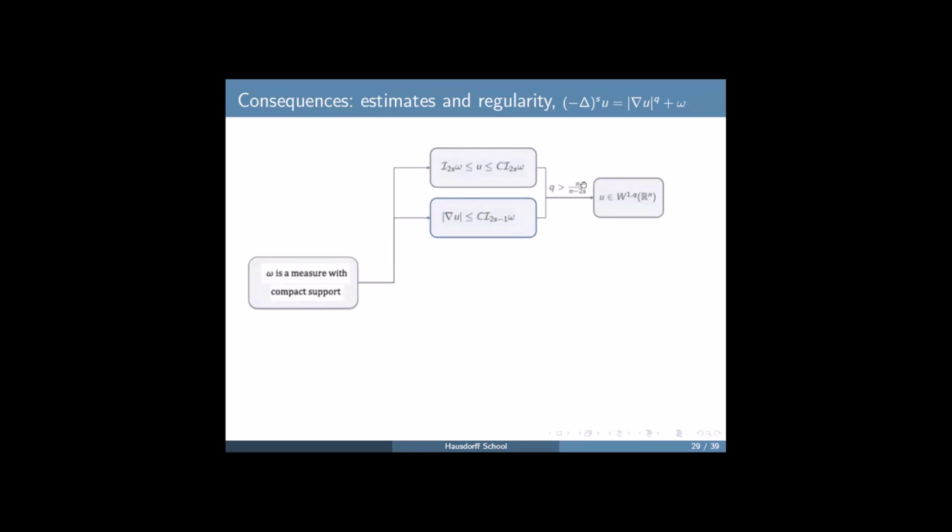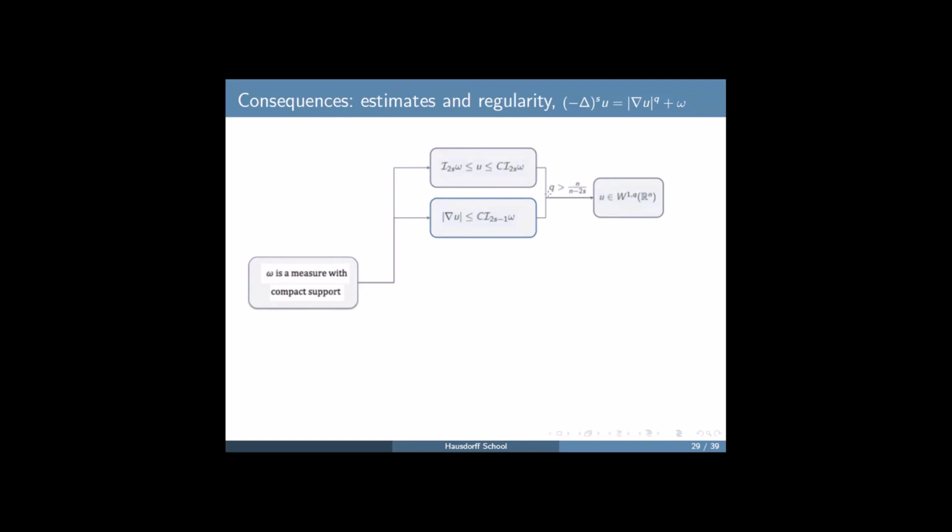So if q is greater than n over n minus 2s, what we get is that the regularity of u is W^{1,q} in R^n, so in the whole space. I told you that for the converse of the theorem, or the partial converse, we need a global solution in W^{1,q} of R^n, and not only in W^{1,q}_loc.